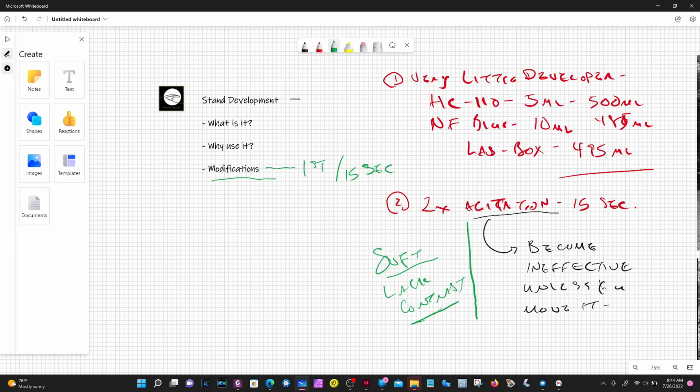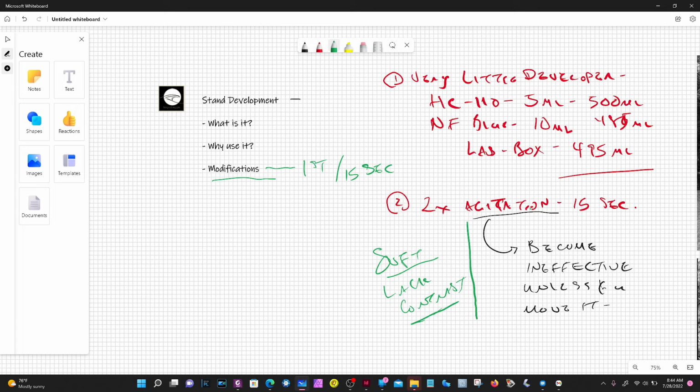So why use stand development? If you're in a situation where you absolutely have to vary the ISO on a single roll, or if you're using a film or a developer and you're not sure what the numbers should be to properly develop the film and you don't want to, quote, waste a roll, unquote, then stand development is a very real option.